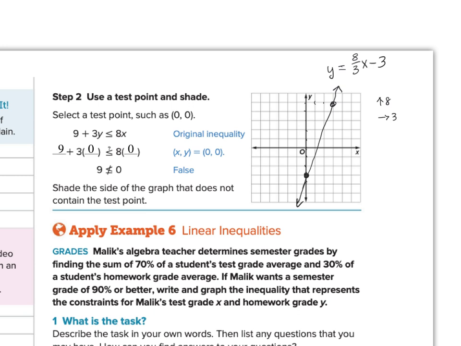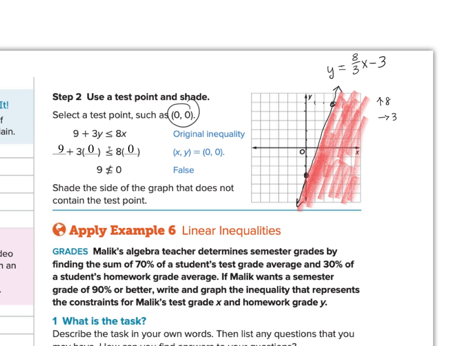And then when they test it, they used 0, 0 again. 0, 0 makes it 9 is less than or equal to 0, and that is not a true statement. So that tells me we need to shade the side that's not 0, 0. So we would shade over here, basically down. Shading down, okay?